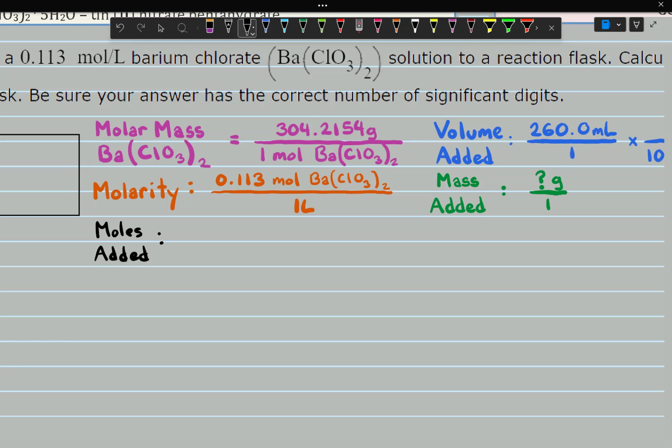We're finding the moles added. And we're just going to take 0.113 moles of barium chlorate for every 1 liter, and we're going to multiply that by how many liters we've added.